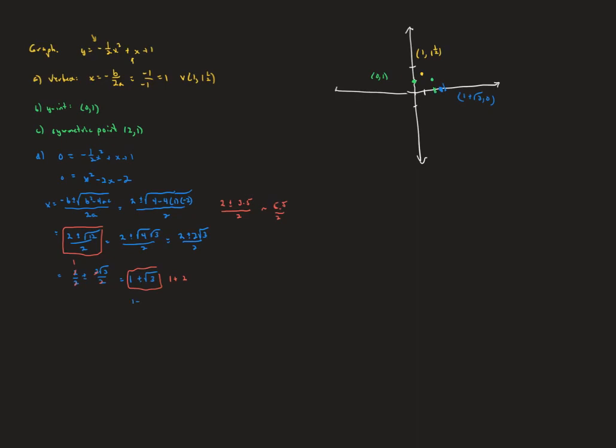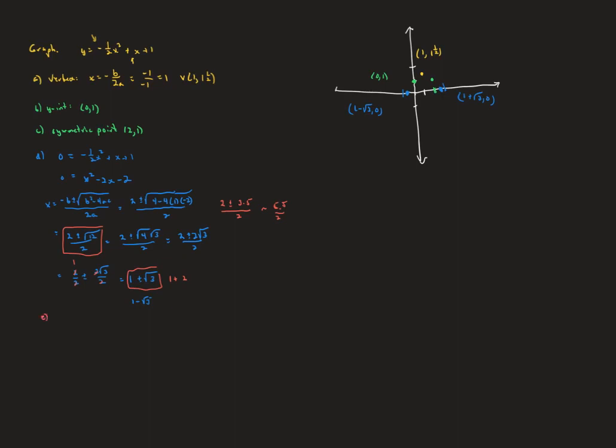Now the 1 minus the square root of 3, since the square root of 3 is a little bit less than 2, is going to be something that's in between 0 and negative 1. So I want to place it in the correct location, and I'm going to label it exactly. You're not going to be able to use a calculator here, so you're going to have to figure out how to estimate these things without using your calculator.